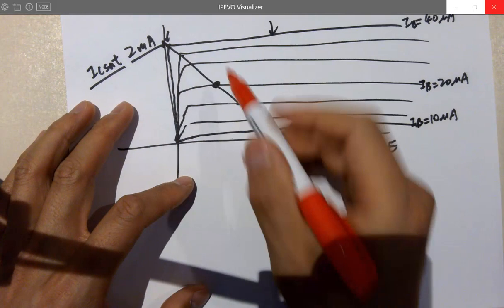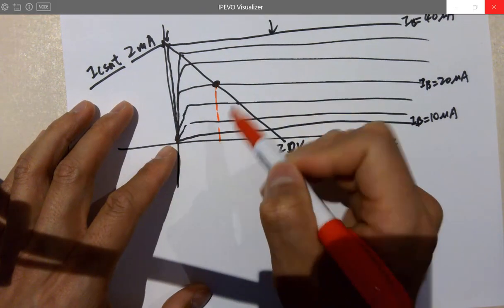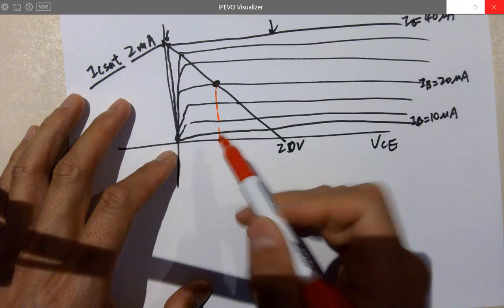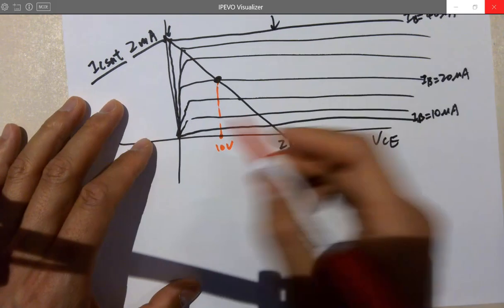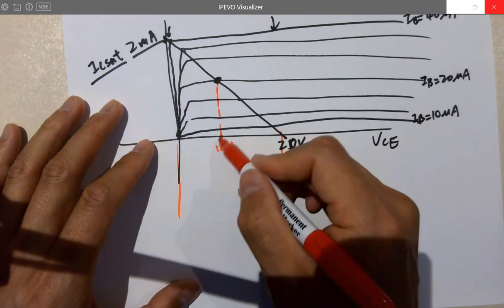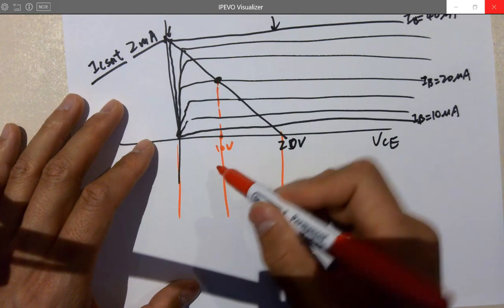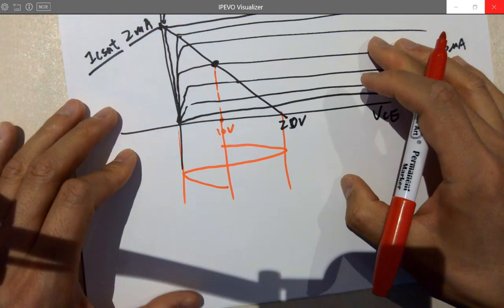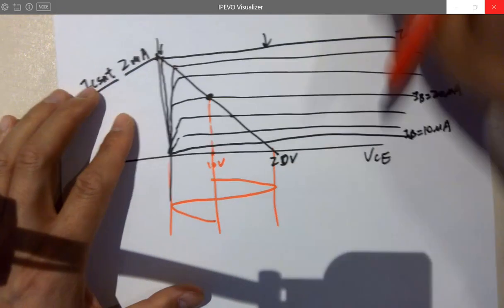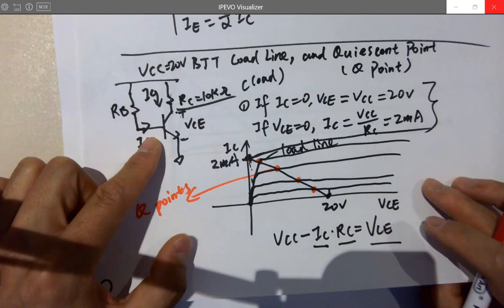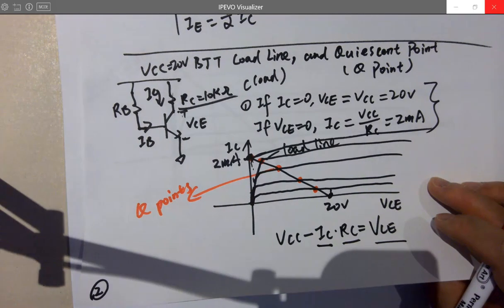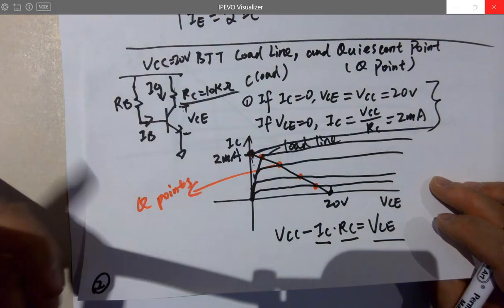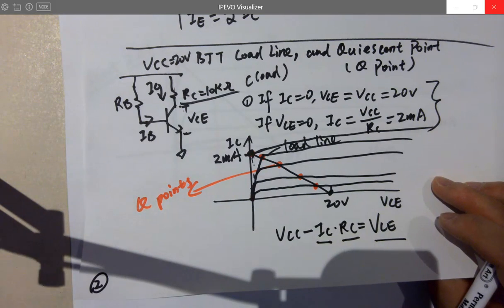And if the Q point is chosen at this point, which is 10 volts, then ideally VCE can swing symmetrically like this. What's the point of having a circuit like that? Yes, you can use it to drive a motor, but what about the AC signal? It's a little alternating signal from a sensor, so you want to amplify it.